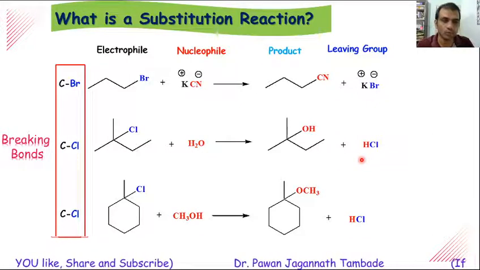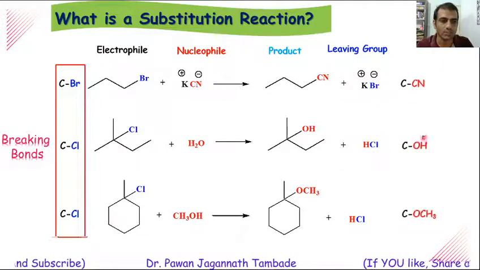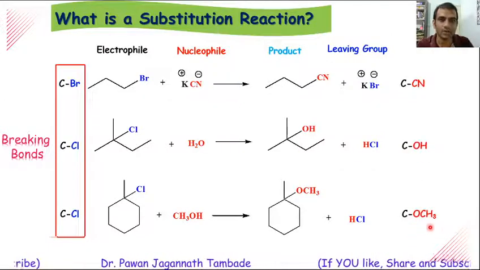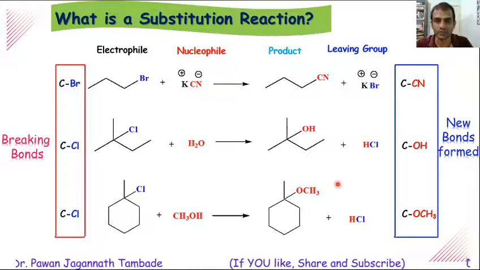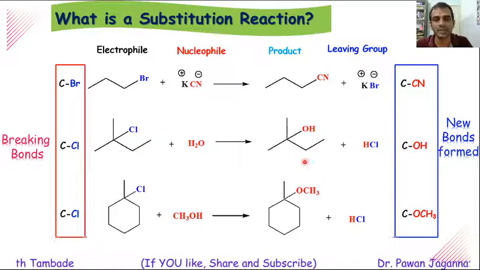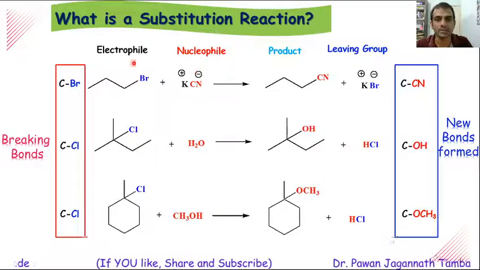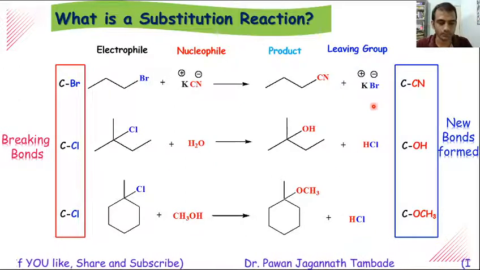So there is a formation of a new bond between carbon and carbon, carbon and OH, and carbon and oxygen. So remember, in nucleophilic substitution reaction, we have these important terms: electrophile, nucleophile, and leaving group.